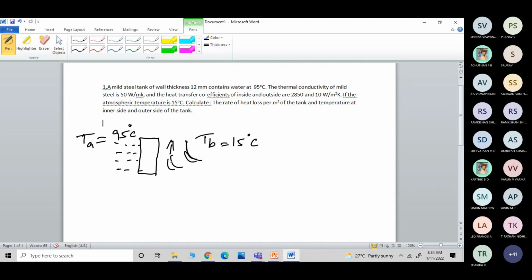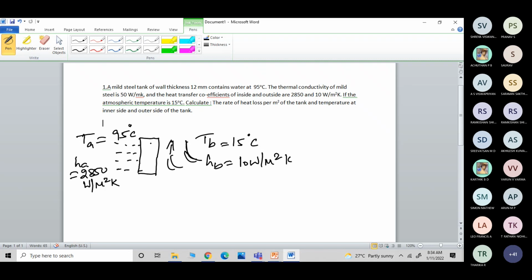Now you have h suffix A equal to 2850 watt per meter squared Kelvin, and h suffix B equal to 10 watt per meter squared Kelvin. All of you please take down the problem.